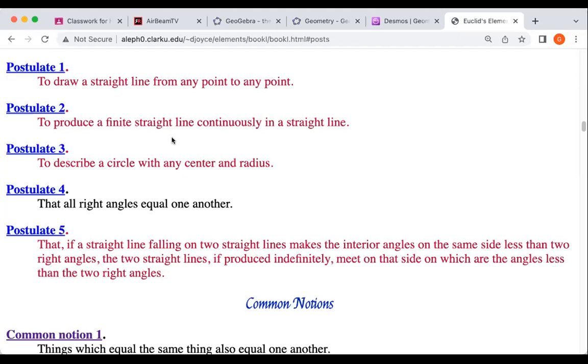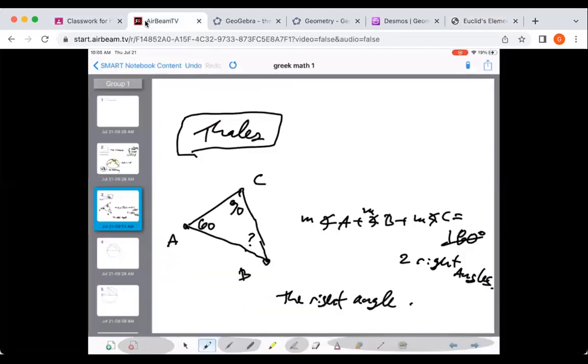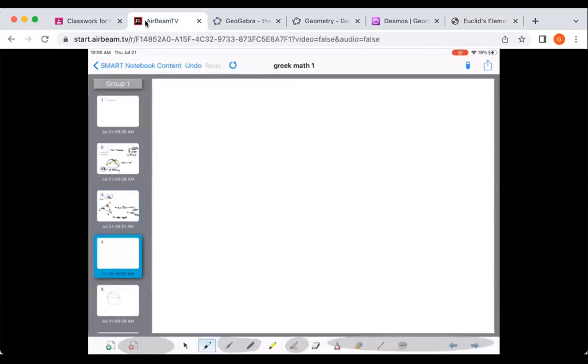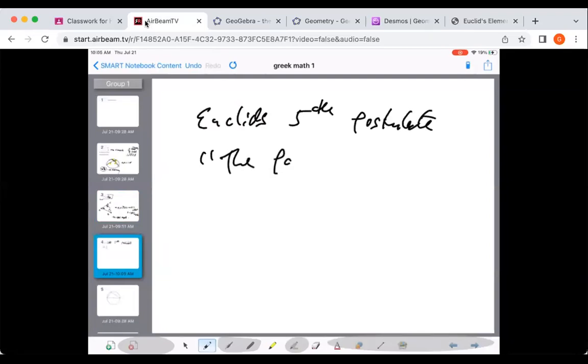It's called Euclid's fifth postulate, otherwise known as the parallel postulate. And let me just tell you kind of what they're saying here. So let's call Euclid's fifth postulate, otherwise known as the parallel postulate.